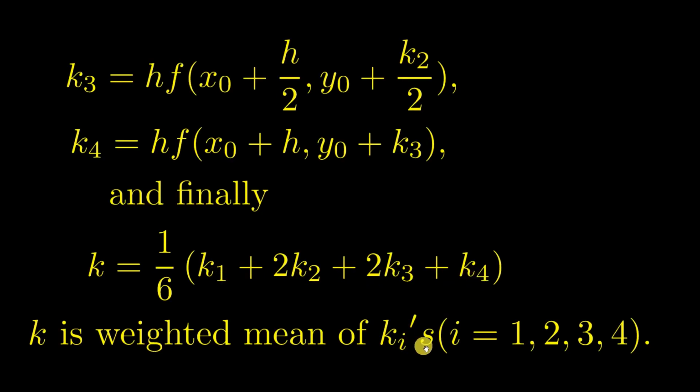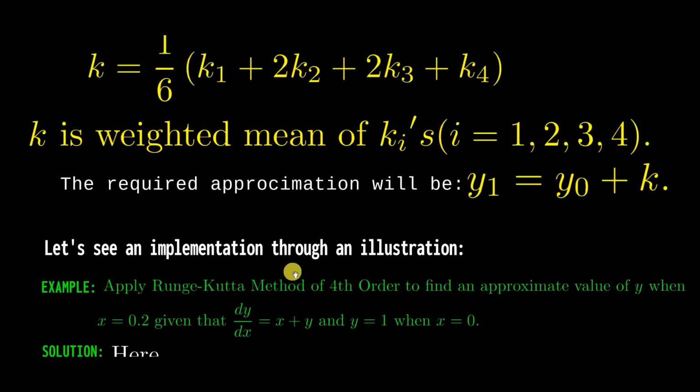So basically k is the weighted mean of all these ki's, and the expression which you need to remember here is this one: k is equal to 1 by 6 times (k1 plus 2k2 plus 2k3 plus k4), right? So basically if you remember this expression, then you are through for Runge-Kutta method of fourth order. And hence the required approximation will be y1 equal to y0 plus k.